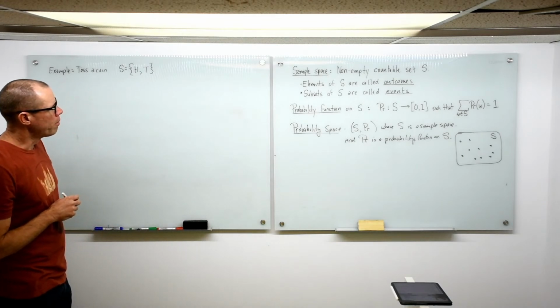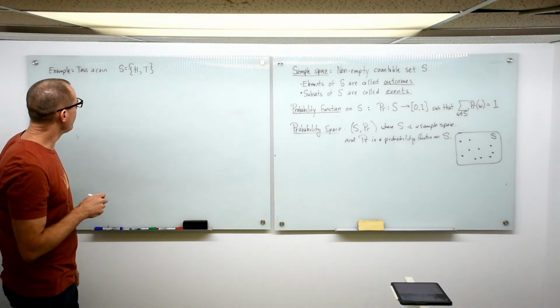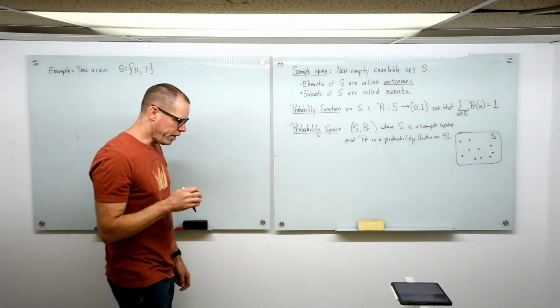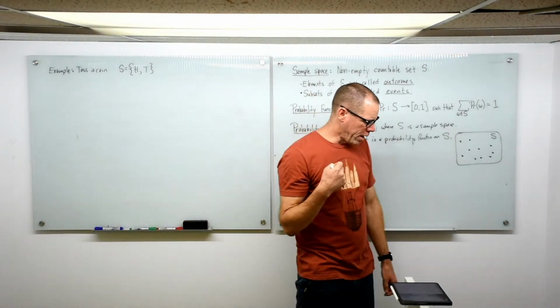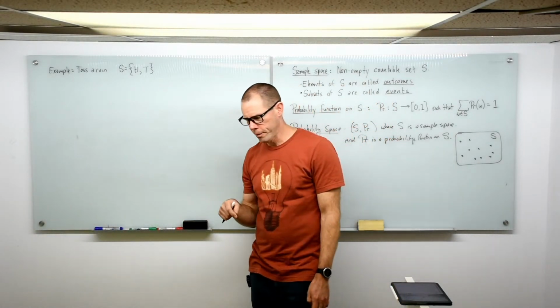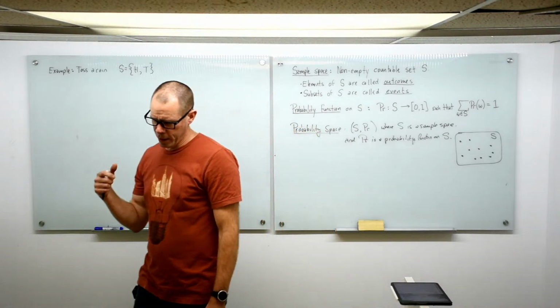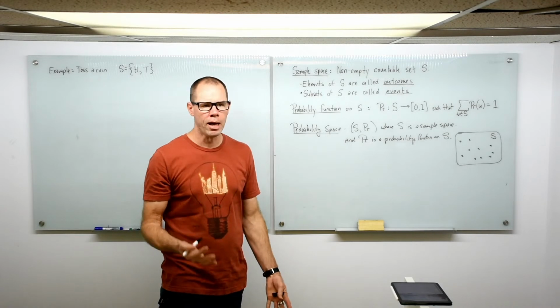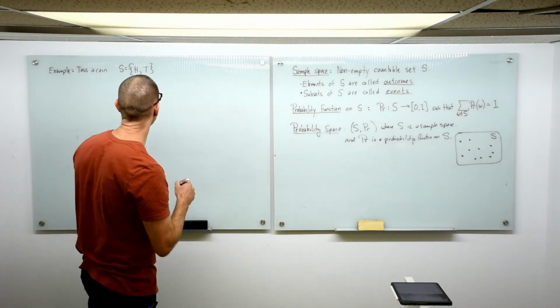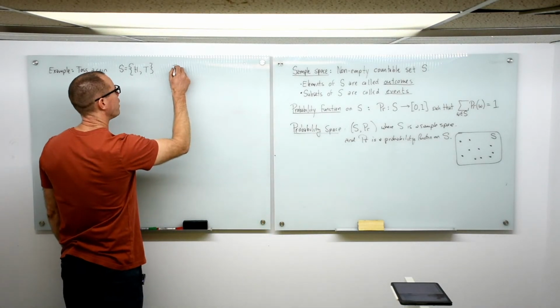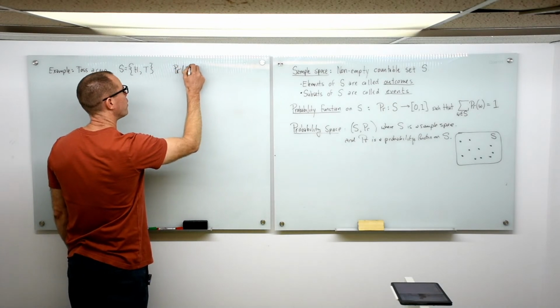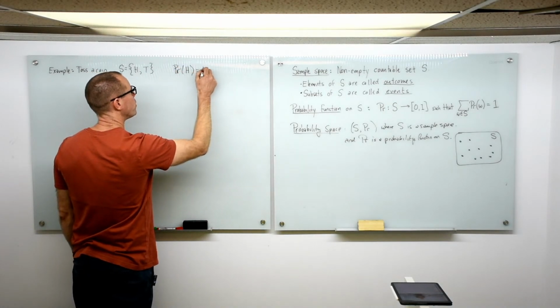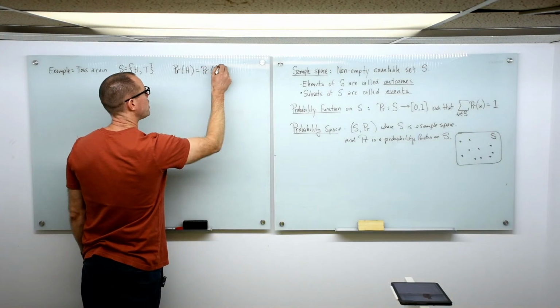And what about the probability function? Well, I think we believe that if we toss a coin, the likelihood of it coming up heads is the same as the likelihood of it coming up tails. So if we believe that, then the probability of heads is equal to the probability of tails.